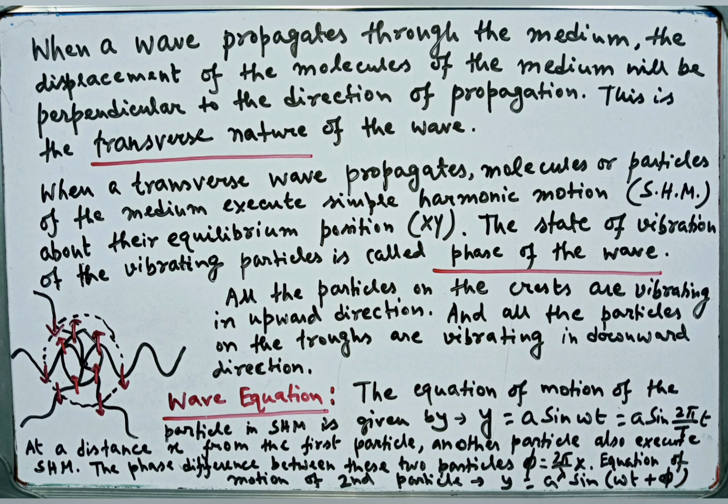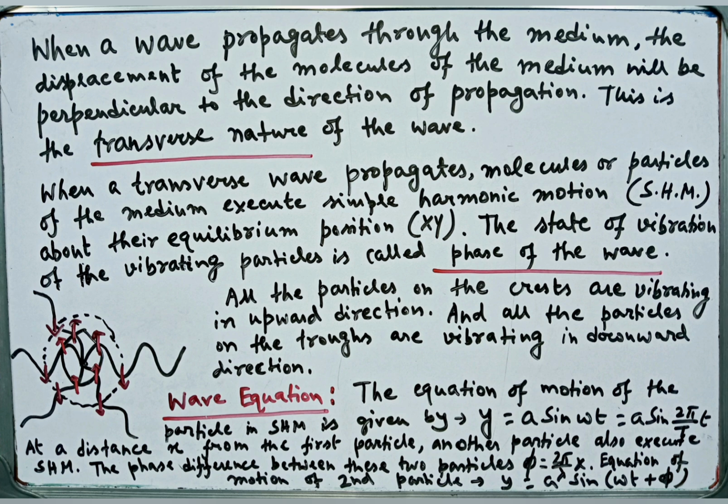Now all the particles on the crests are vibrating in the upward direction, and all the particles on the troughs are vibrating in the downward direction. That's actually seen in the figure. You can see on the crest all the particles are vibrating in the upward direction, and on the trough all the particles are vibrating in the downward direction.